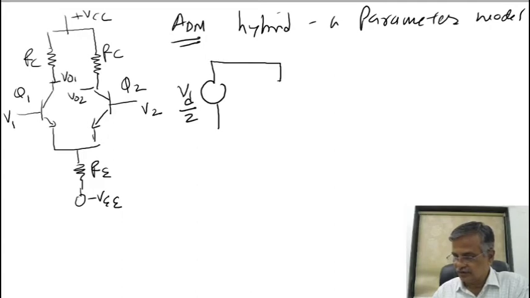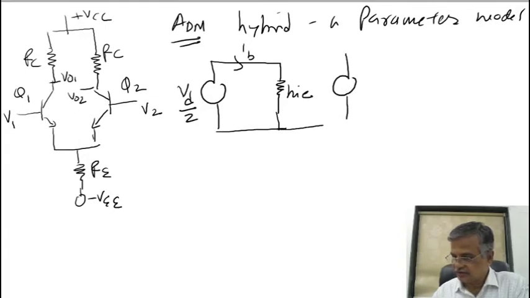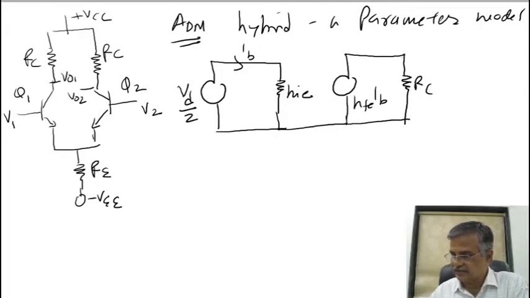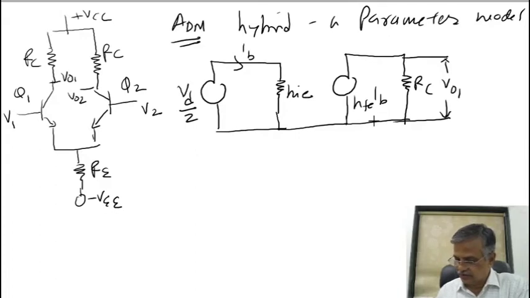You have studied this in SYBSc. This is HIE, this is your current. Here is the current source, HFE into IB, and this is your load resistor RC, and this is your output voltage for a single transistor, because I am doing it for only this one.